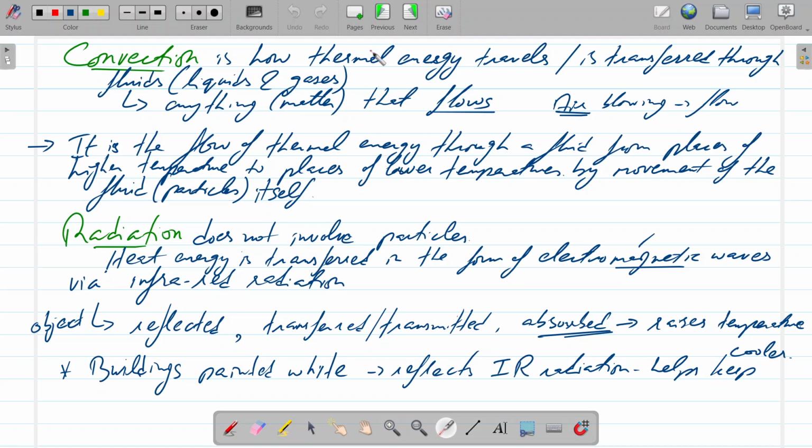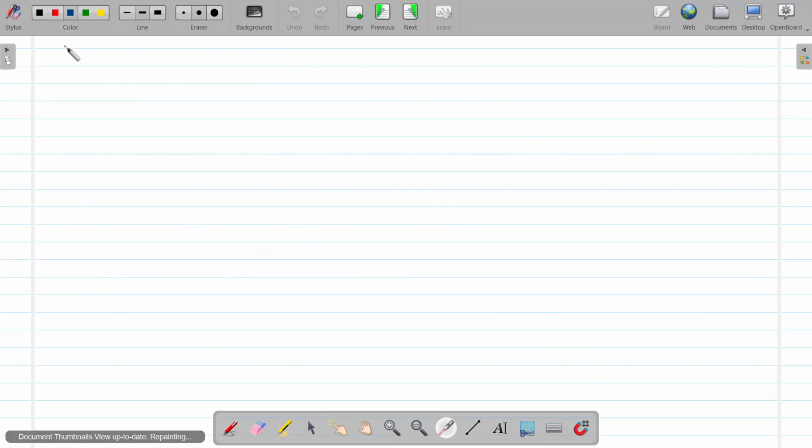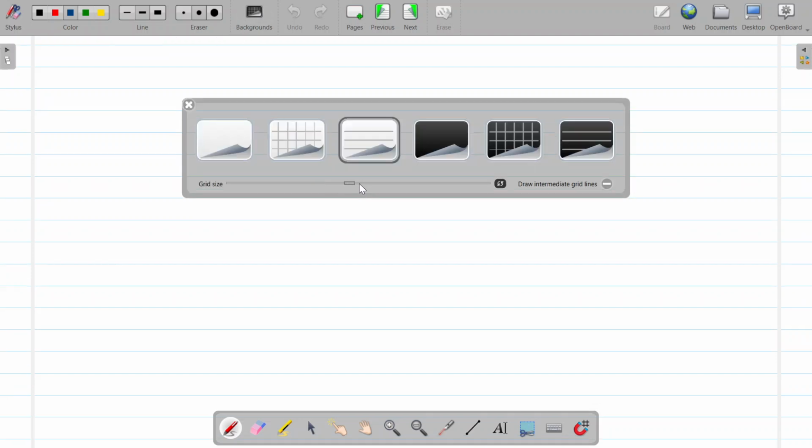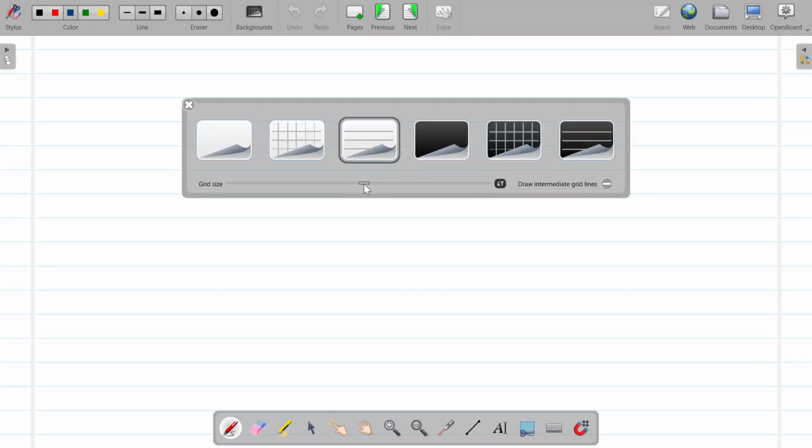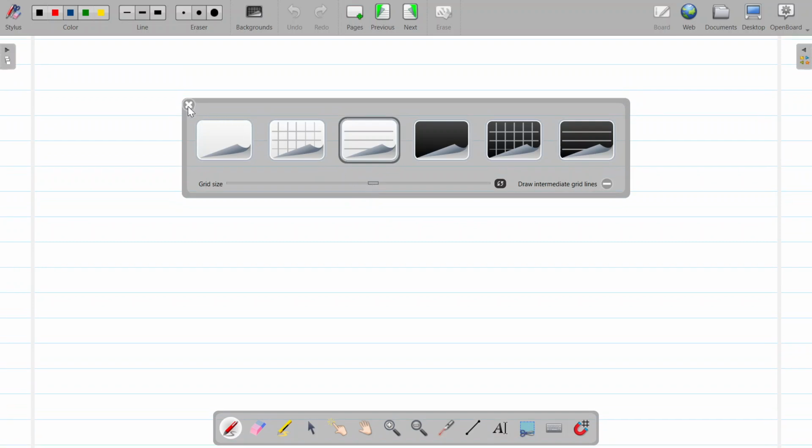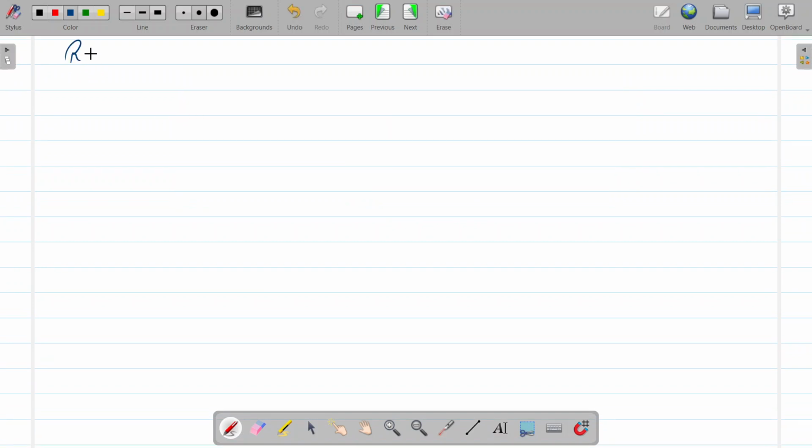So let me just write that down. I'll need to go to a new page and adjust the grid lines again. So radiation has all the properties of, because it is infrared radiation, so that's part of the electromagnetic spectrum, which we'll come to in unit 3.